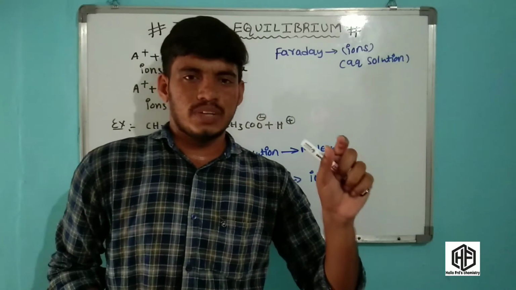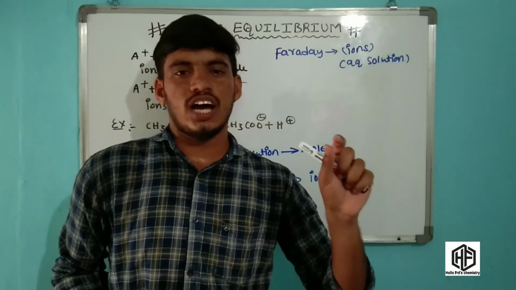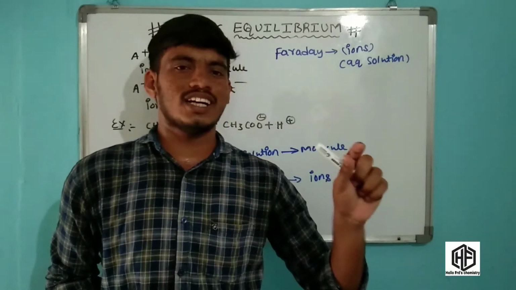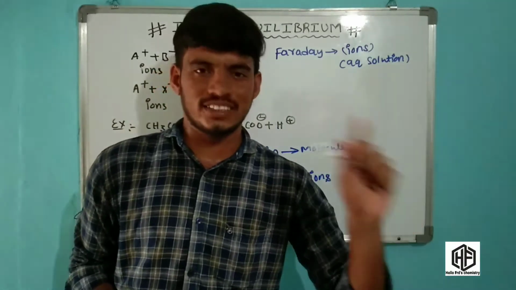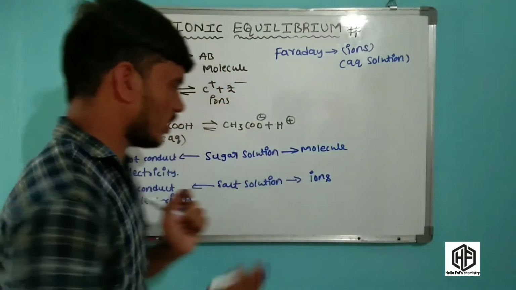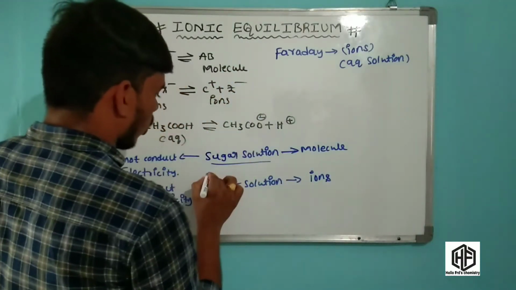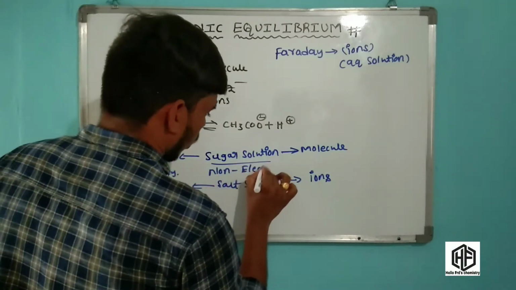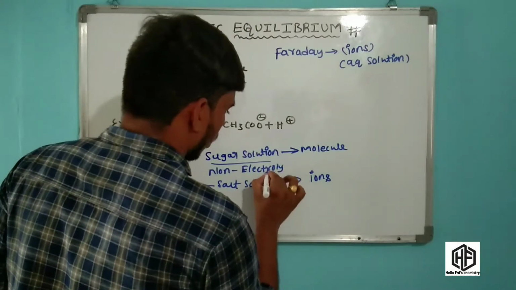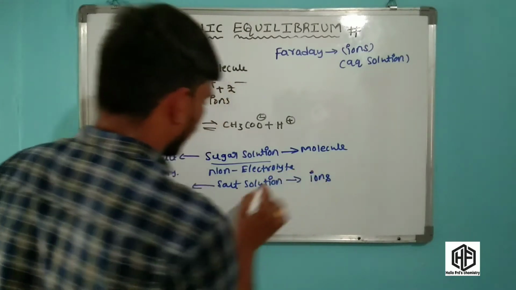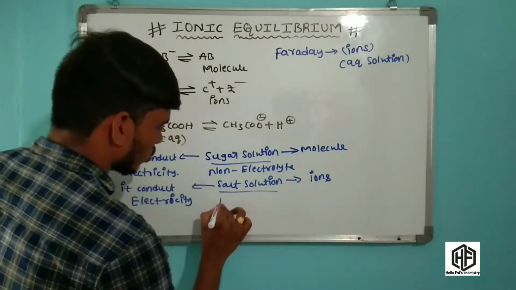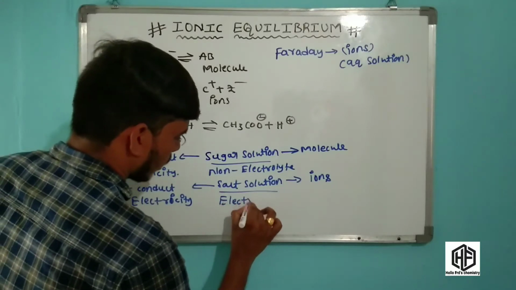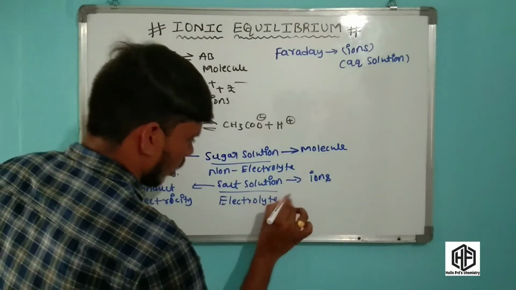Faraday says that when ions are present in an aqueous solution or salt solution and it produces electricity, it is called an electrolyte. Now sugar solution is called a non-electrolyte because it does not conduct electricity. Salt solution is called an electrolyte. This is clear, friends.